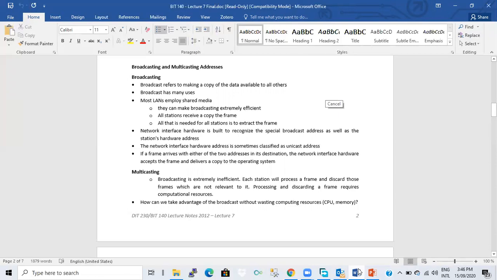We also have an addressing scheme which we call multicasting. Multicasting is a form of broadcasting, but with this, you are broadcasting to only a selected number of machines in a group, just like a group that you would create.